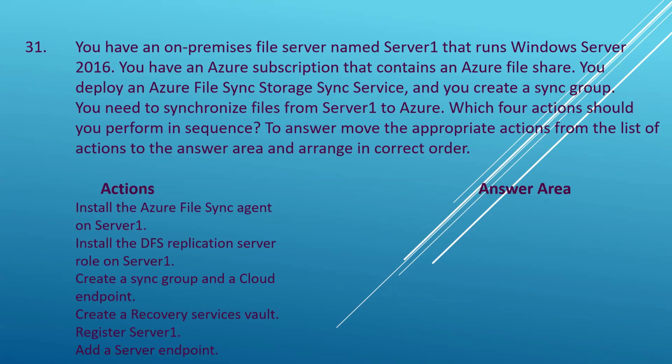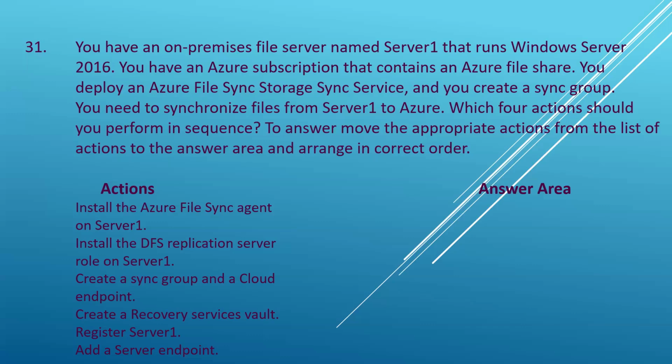On the left-hand side, you have some actions, and the right-hand side has the answer area section where you need to drag all the correct answers and arrange them in the correct order. So basically, if I sum up, the requirement is you need to synchronize files from an on-premise server to an Azure file share.